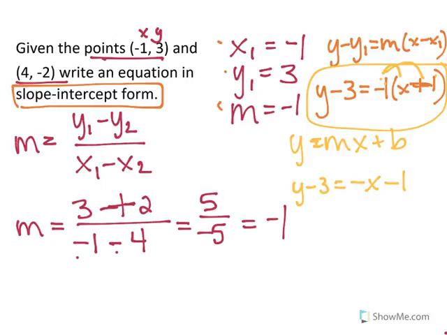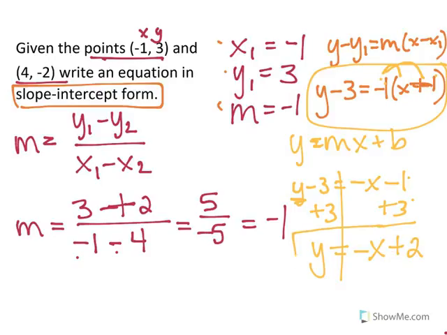Now we just need to get y by itself, so we're going to add 3 to both sides, and you get y equals negative x, and then we've got negative 1 plus 3 equals positive 2. So now we've successfully answered this question. We're able to write an equation in slope-intercept form because we had one point and the slope.